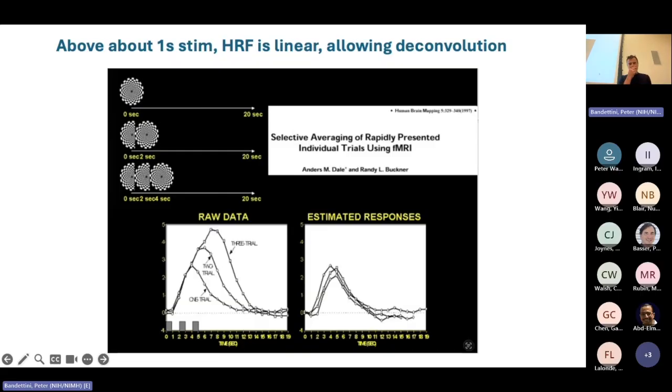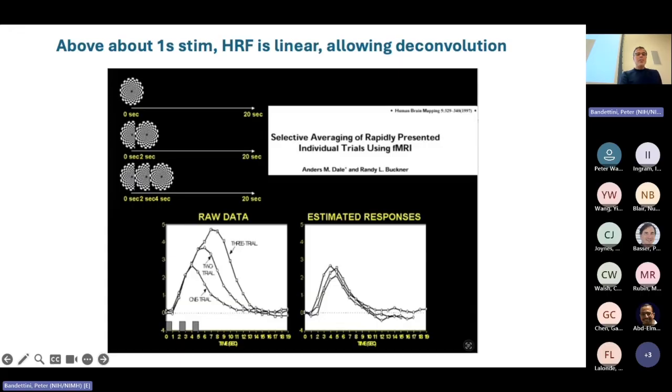However, because the system does behave linearly from 2 seconds onward, or maybe a little over a second onward, you can use a useful mathematical technique of deconvolution to get the neuronal responses. This is nice work by Anders Dale, way back in 1994, 5, I believe.